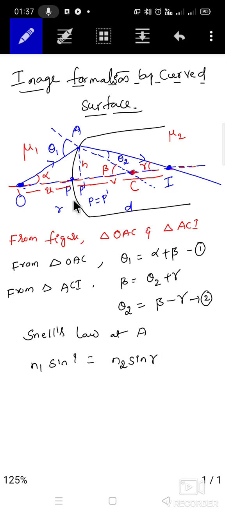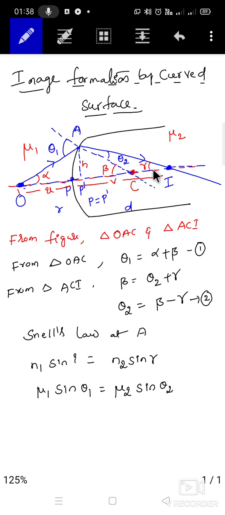Here n1, mu1, is the refractive index of the first medium, because the light ray travels from medium 1 to medium 2. The angle of incidence is theta 1. And n2, mu2, is the refractive index of the second medium, and r is equal to theta 2.